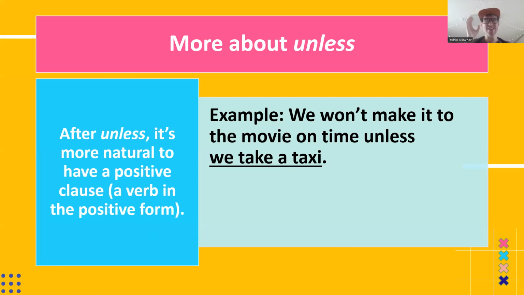It sounds really complicated and confusing if you use a verb in the negative form in the condition after unless. Because like we just talked about, unless means if not. So it's like if not, not. It can be very confusing.